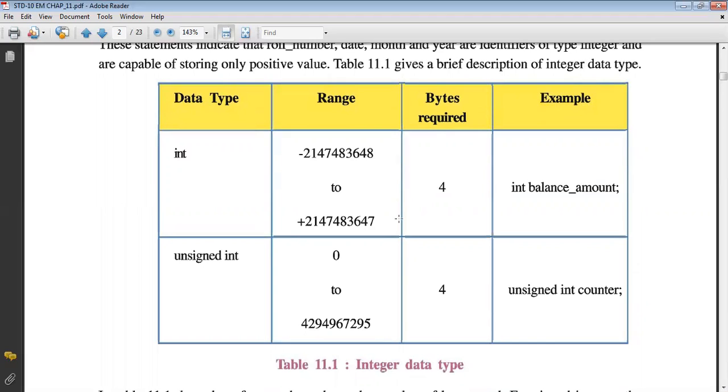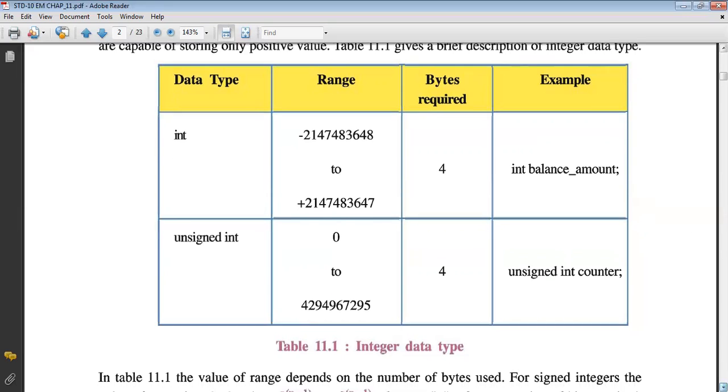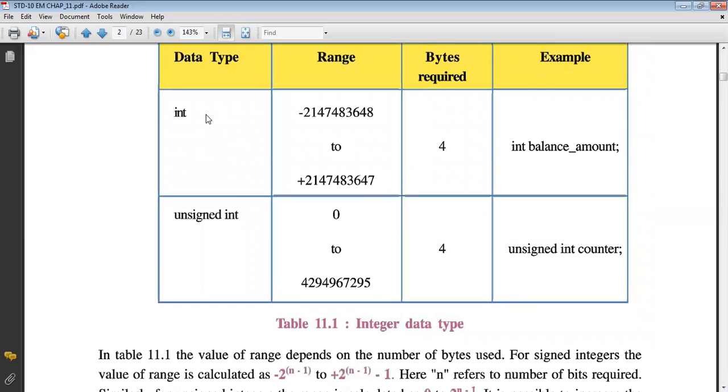In this chapter, we are going to learn what data types are. Data type means which type of value we are going to store in our variable. To declare that variable, we must define a data type first. Here we are going to learn what a data type is. Now we learn the types of data.